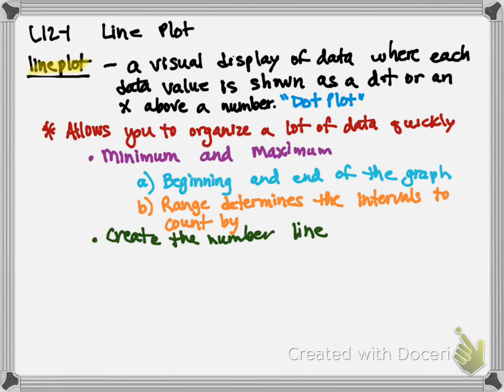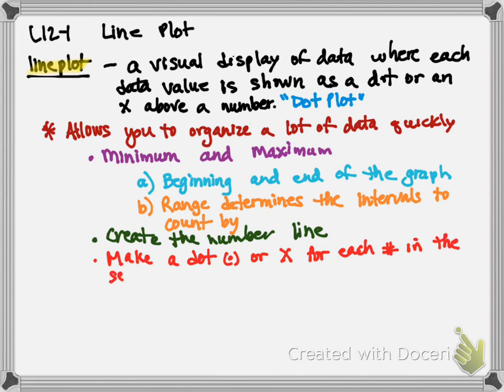To do that, we make a dot or X for each number in the set of data. And remember what we talked about with dot plots. You're going to make sure that your dots are in perfect rows, so the first dot in each row lines up with the first dot in every other row. Okay?